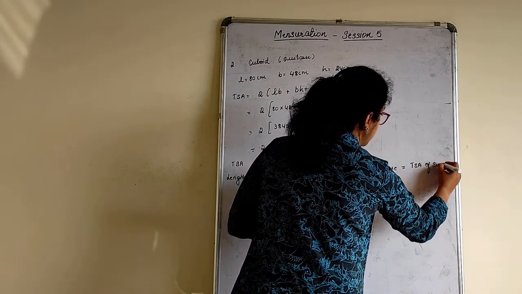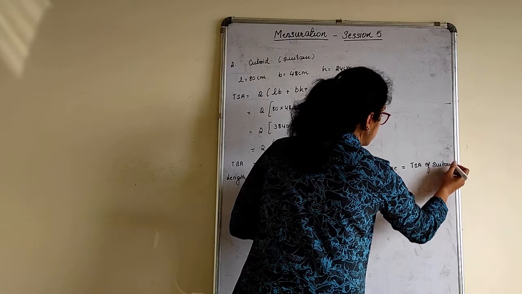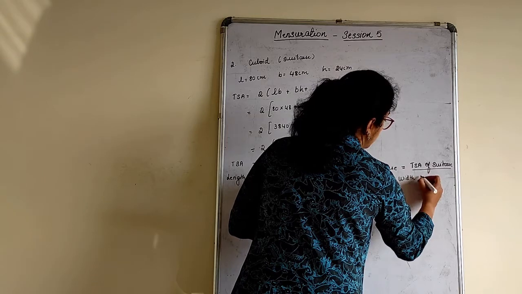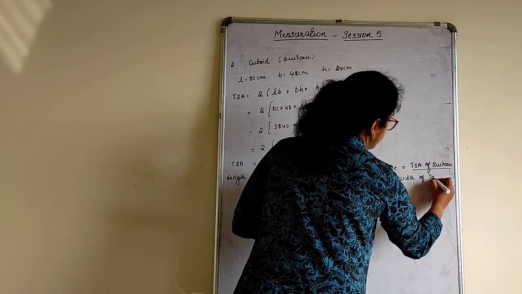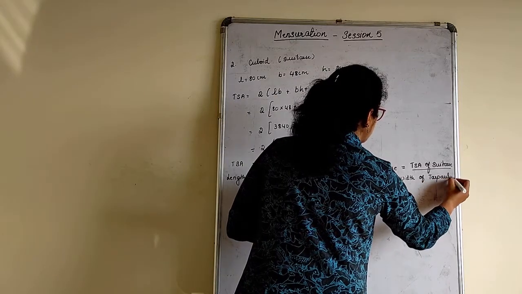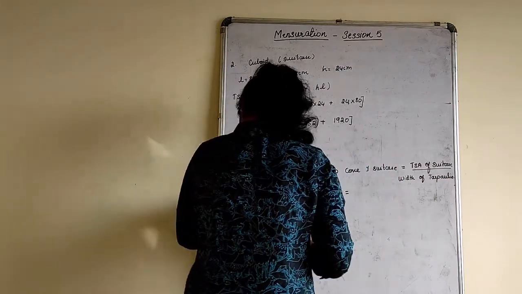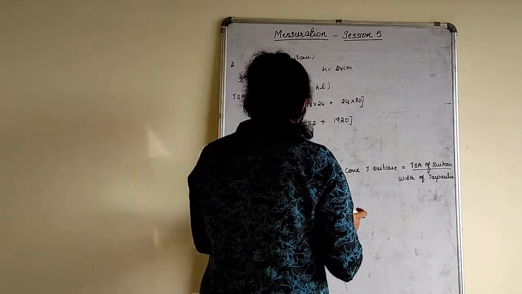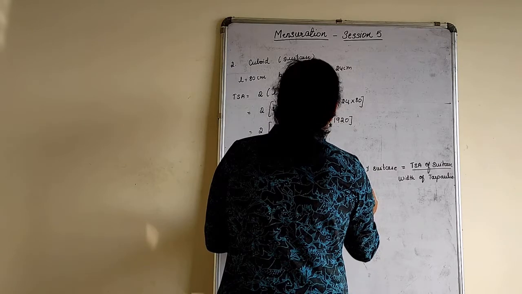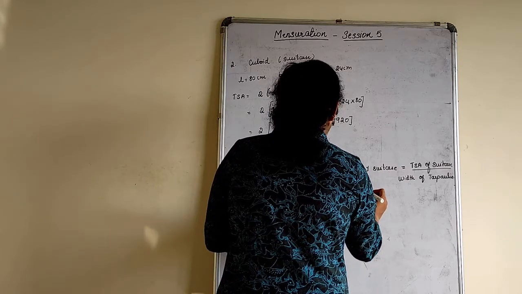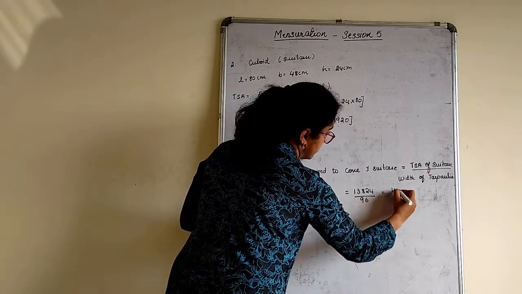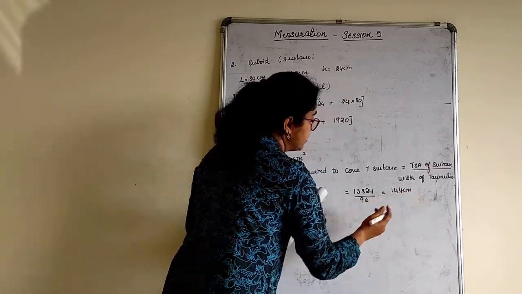TSA of a suitcase divided by width of tarpaulin. That is equal to how much is it? 13824 divided by 96 is nothing but 144 centimeter.